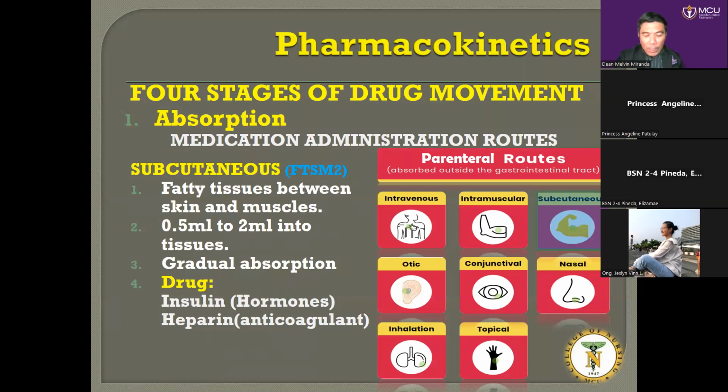Example, insulin. Insulin, we are aware that this drug rather is being given to patients with hyperglycemia or uncontrolled diabetes. Pag ang insulin po ay in-intravenous ninyo, that could cause a possibility of sudden drop lalo na kung rather controlled yung diabetes.